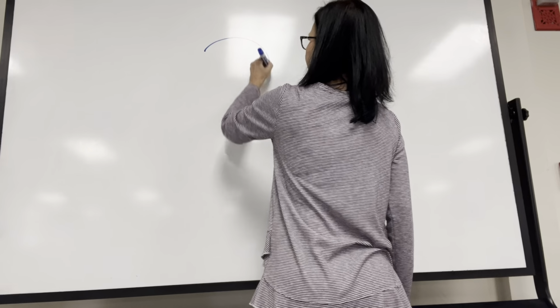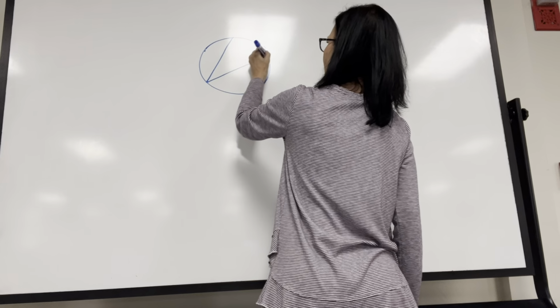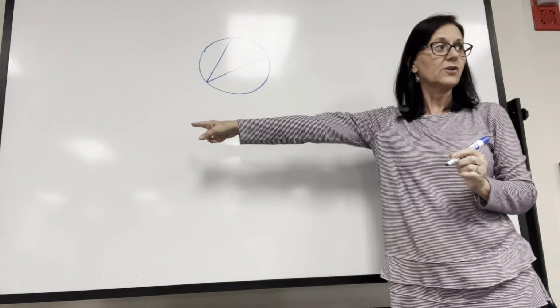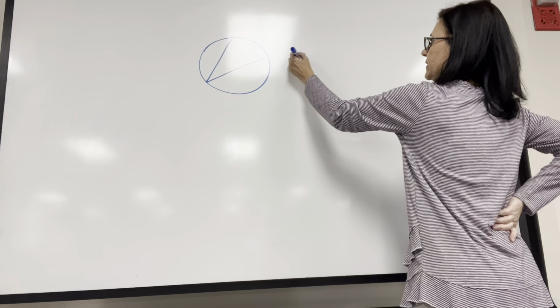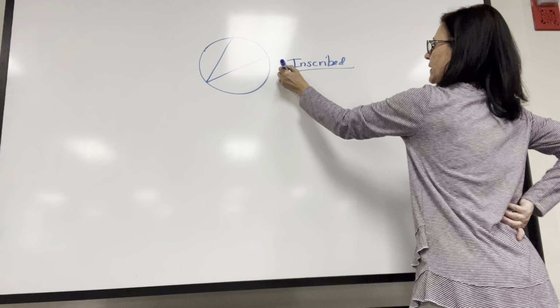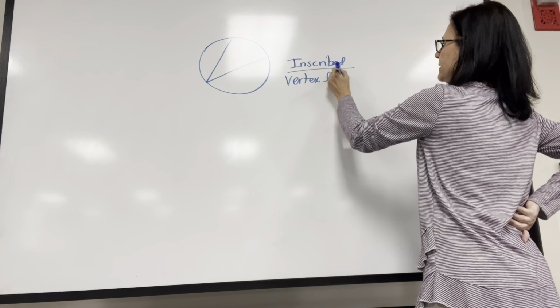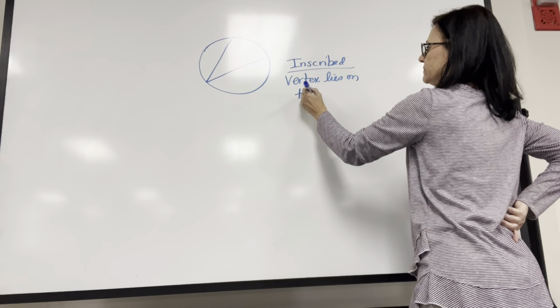For an inscribed angle, the vertex actually lies on the circle. This is inscribed. The vertex lies on the circle.